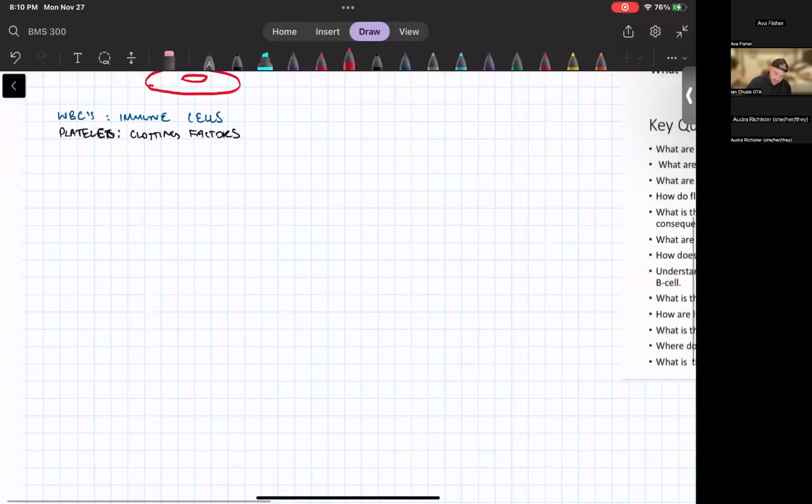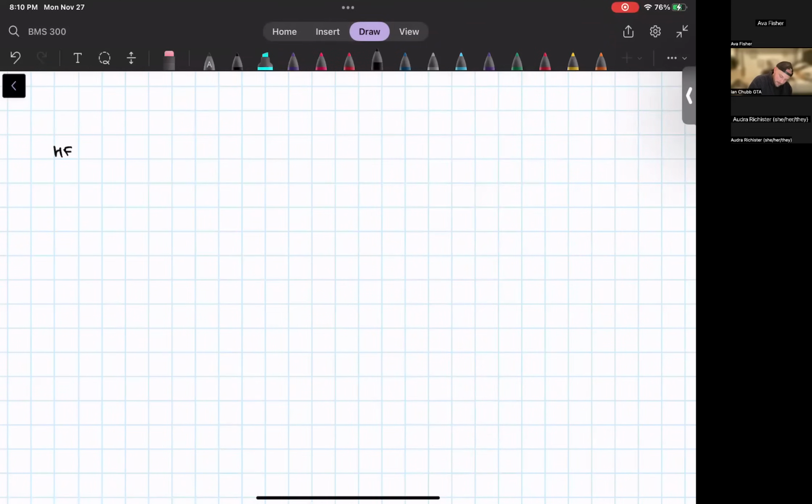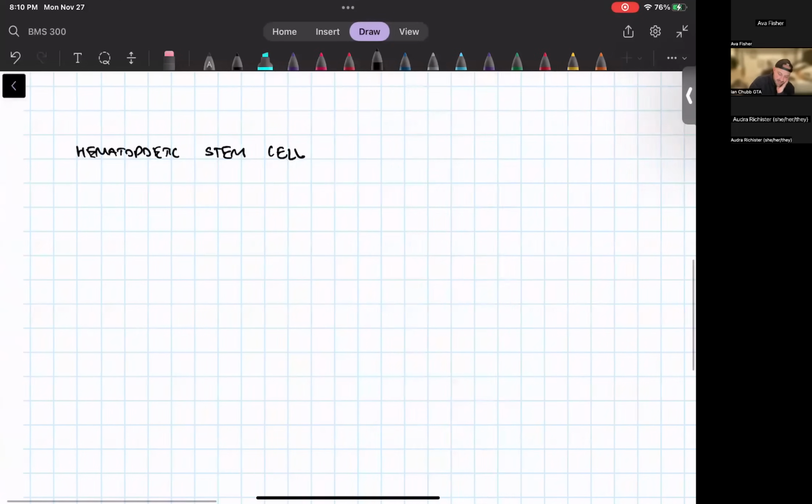So if we look at lineage, we start with the hematopoietic stem cell. And these stem cells can take 2 routes.